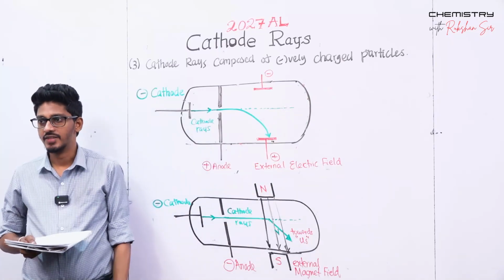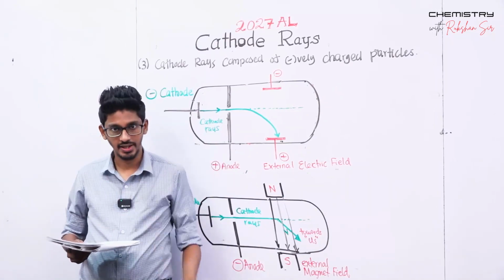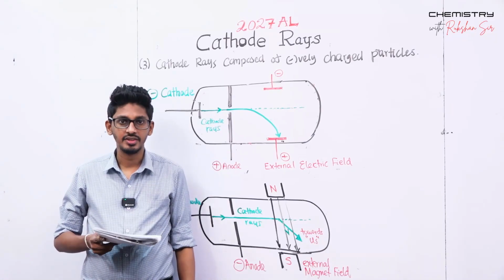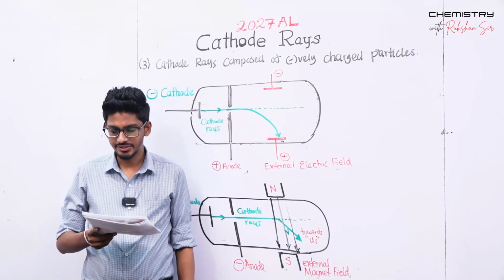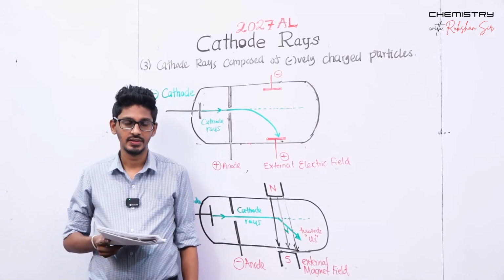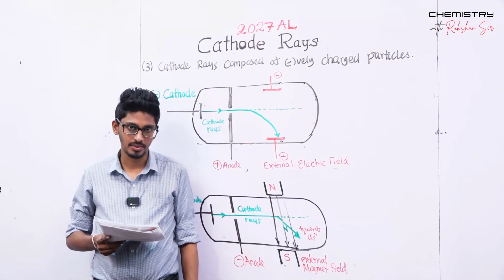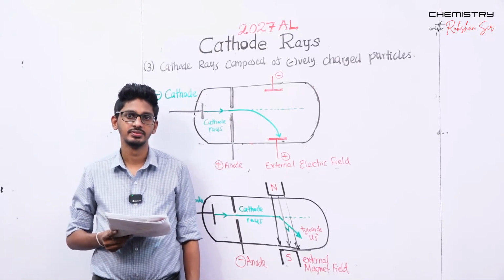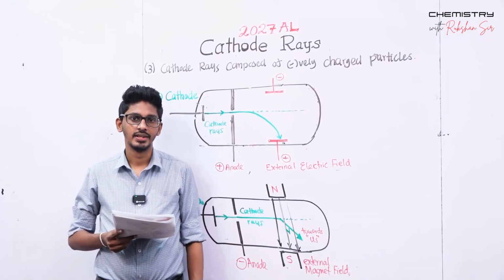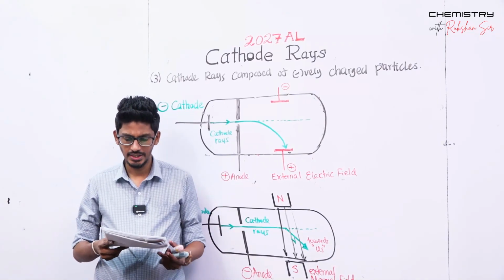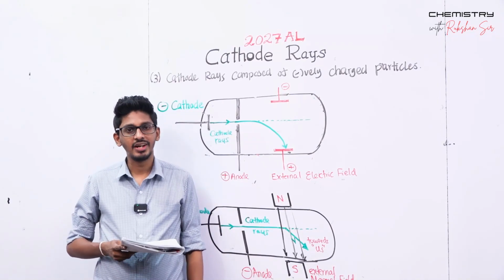Write it in red color: when electric field is applied, then come to the normal color, in the path of cathode rays.